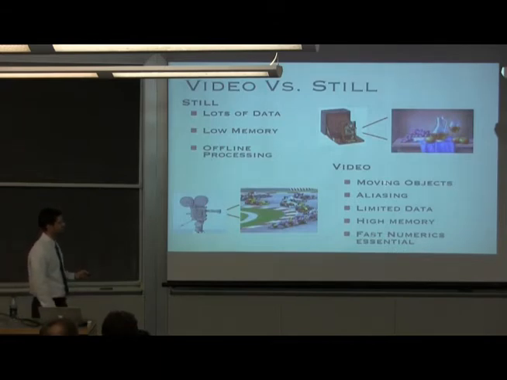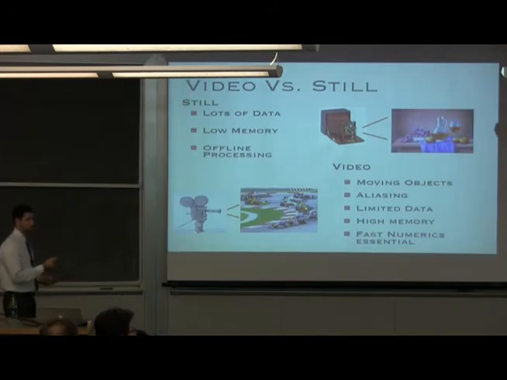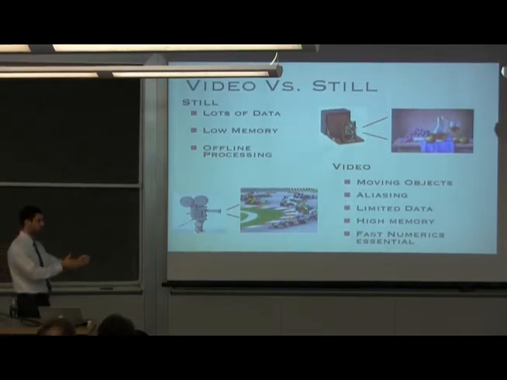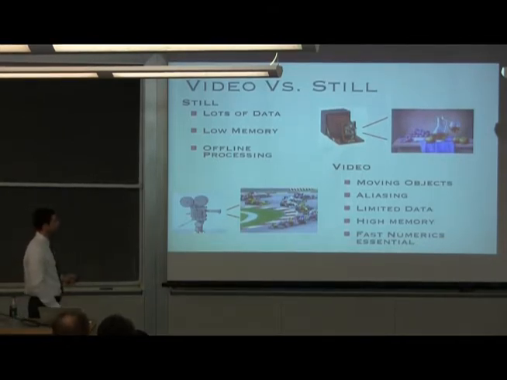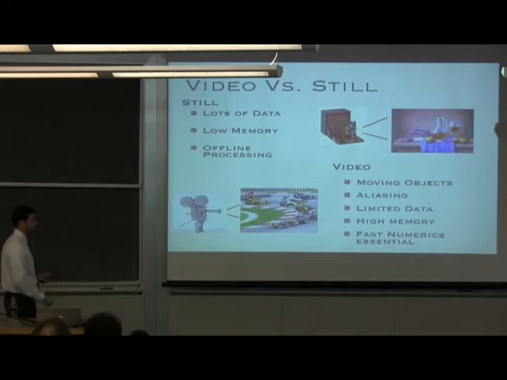Video, on the other hand, is much more difficult. Because objects are moving, we have a much shorter time acquisition window. The moving objects produce aliasing artifacts. So we're acquiring data over time, but the objects move and produce, in some sense, smearing of the object as we acquire data. And the object motion can get aliased into the Hadamard transform in a bad way, and that creates aliasing artifacts.